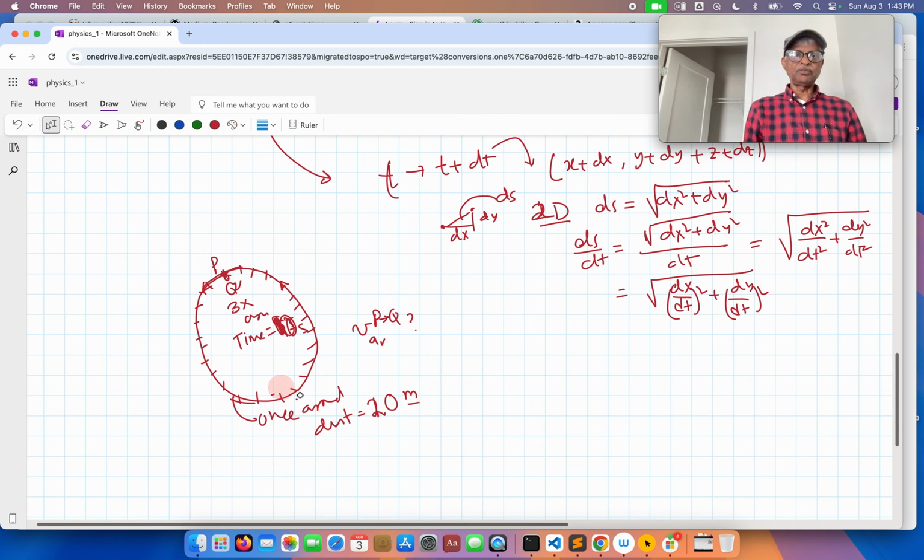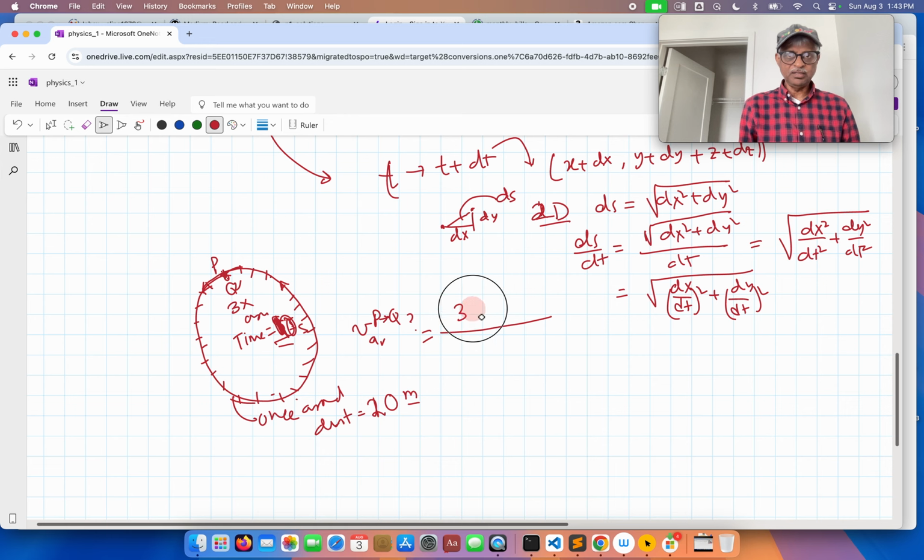You went around 3 times, and it took you 10 seconds. So the total distance you went is 3 times 20 meters, and the total time it took you is 10 seconds. This is the time for going around, and that's the 3 times distance. So this will be 6 meters per second.